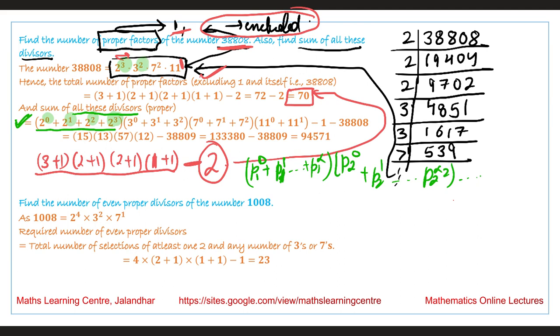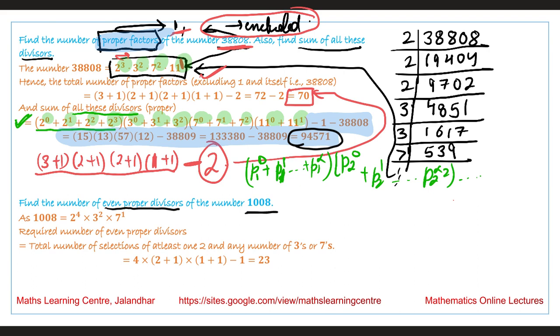Next the power is 2, so it is 0, 1 and 2. Next again power 2, so 0, 1 and 2. Next power 1, so 11 raised to the power 0 plus 11 raised to the power 1. We want the sum of all these proper divisors. Since 1 and the number itself are not proper divisors, we subtract these values. On simplifying these terms, you will obtain the final answer, the sum is 94571.